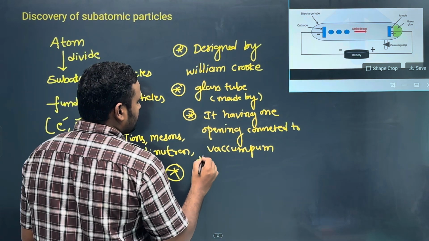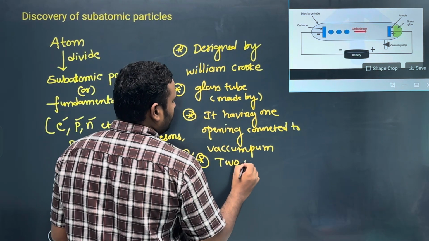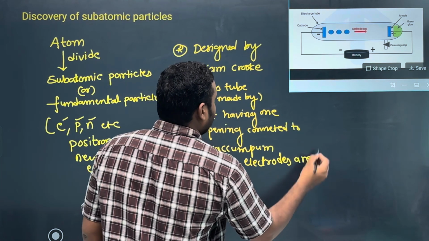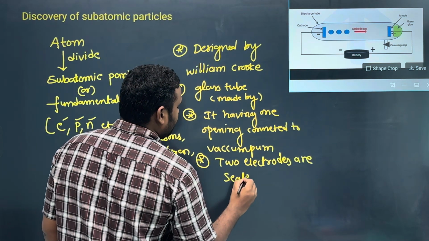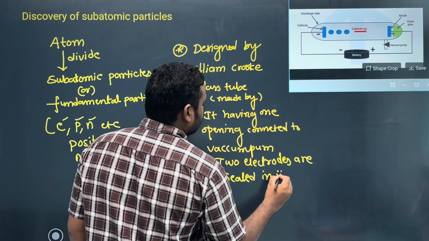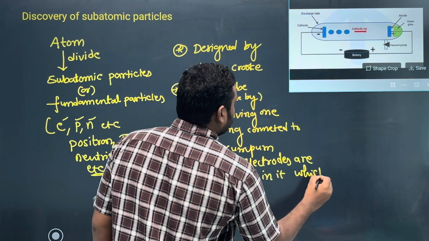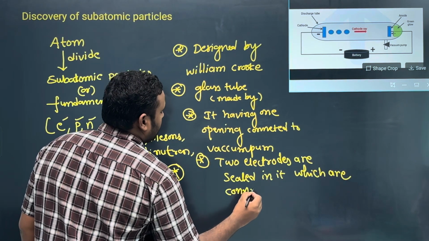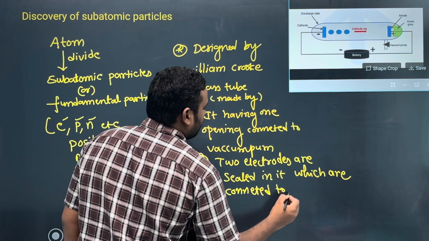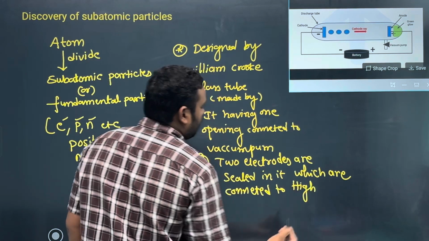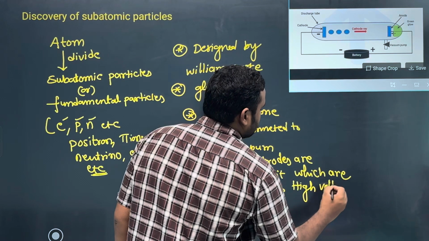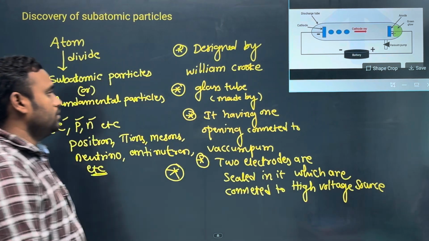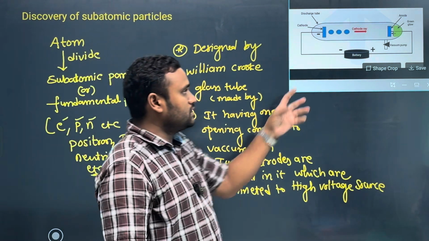Two electrodes are sealed in it, which are connected to a high voltage source. So that is the simple structure of this discharge ray tube.